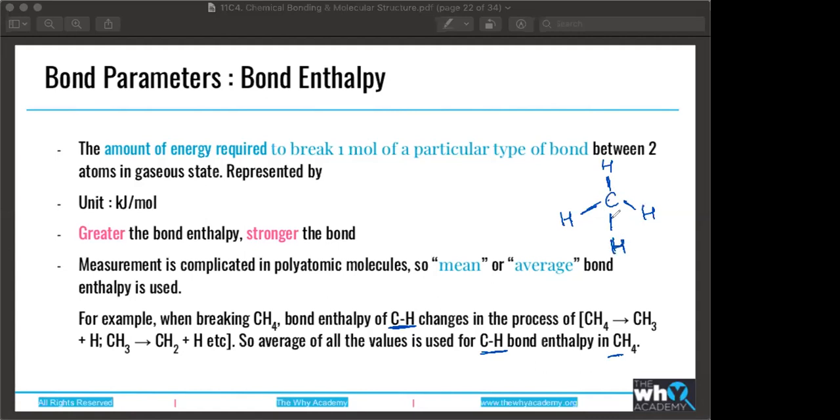So all of them should be equivalent. When you rotate it, it shouldn't make a difference at all. But practically, if you want to measure each bond enthalpy, you don't get the same value for each successive hydrogen while breaking. So that is the reason you use the mean of all four values. That's basically it.